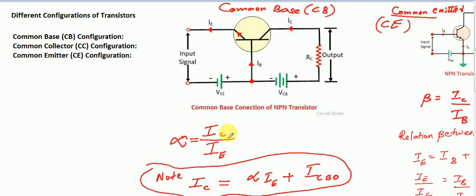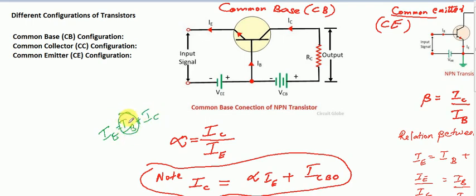Practically, the value of this current amplification factor in common base configuration is in the range 0.9 to 0.99, because IC is almost equal to IE. We learned in the last class the equation IE is equal to IB plus IC.